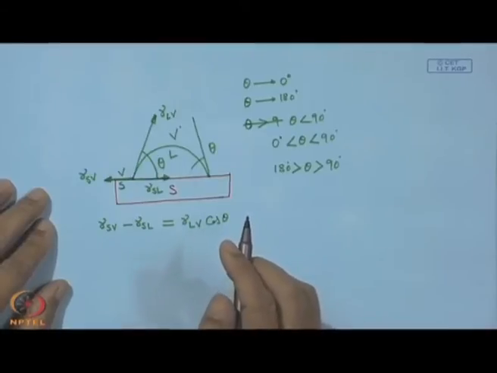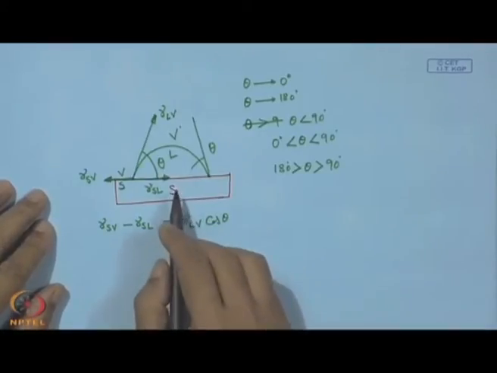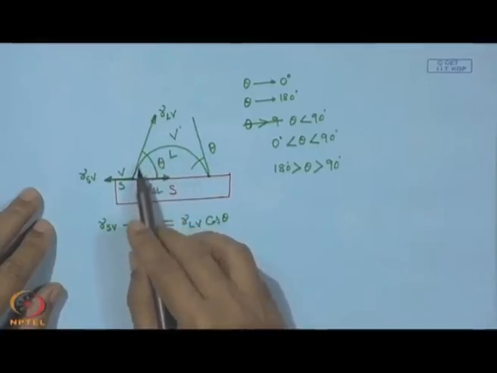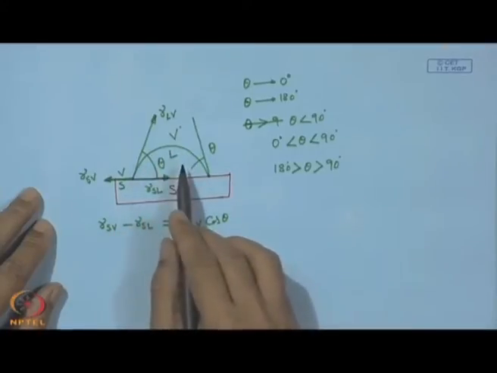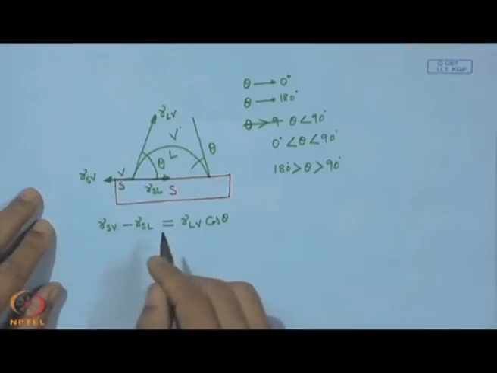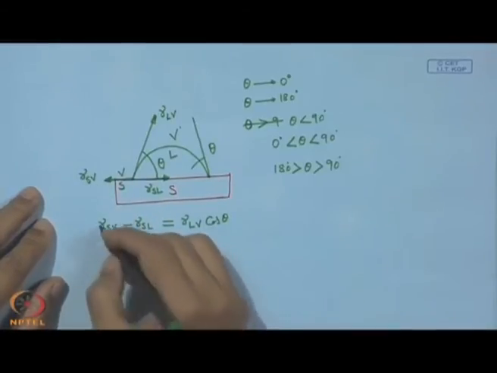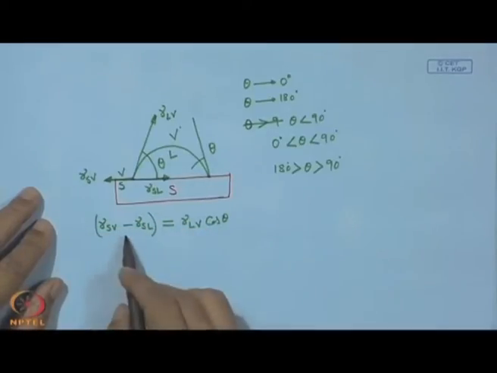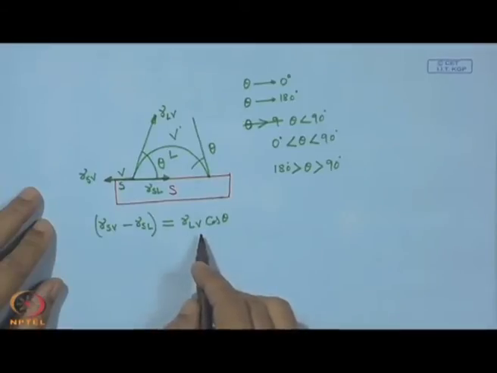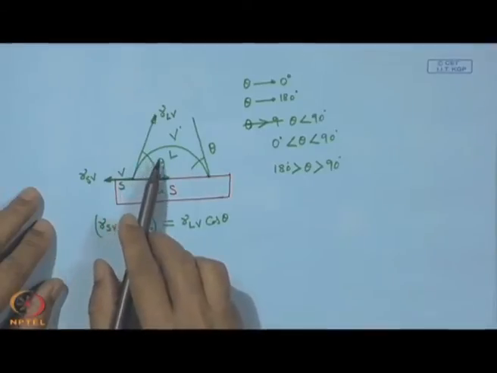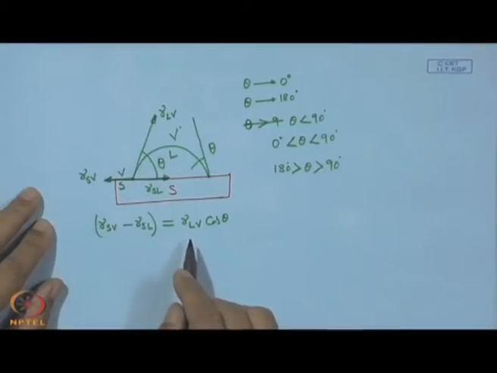Here we can see that to have satisfactory wetting or spreading, this liquid film has to be stretched in this direction, and for that there must be a driving force, and this happens to be the driving force which is balanced with this cosine component of the interfacial tension between the liquid and vapor.